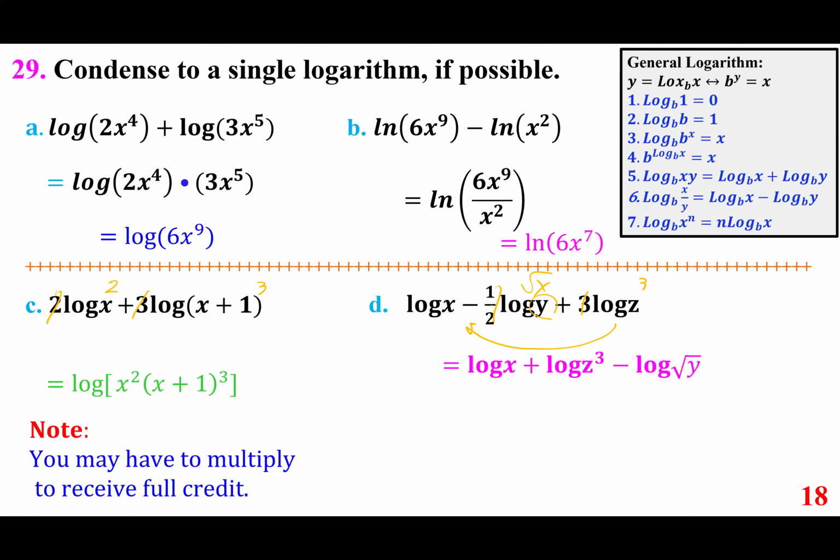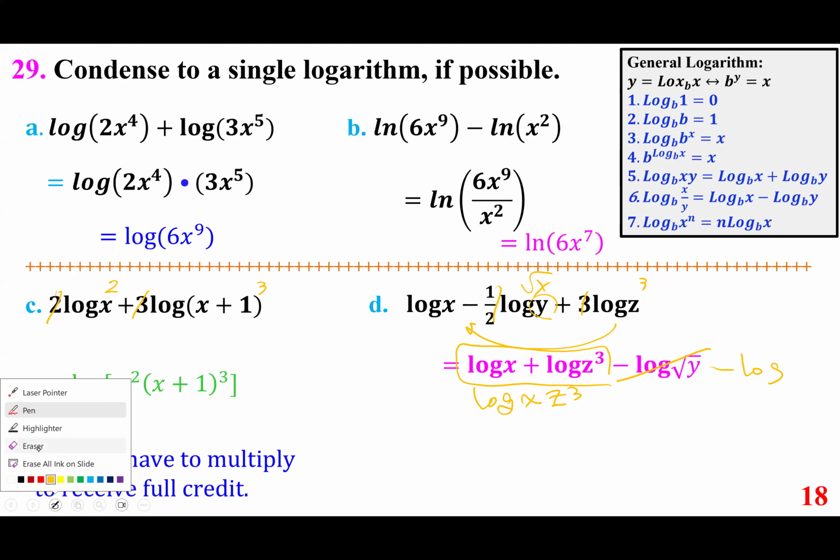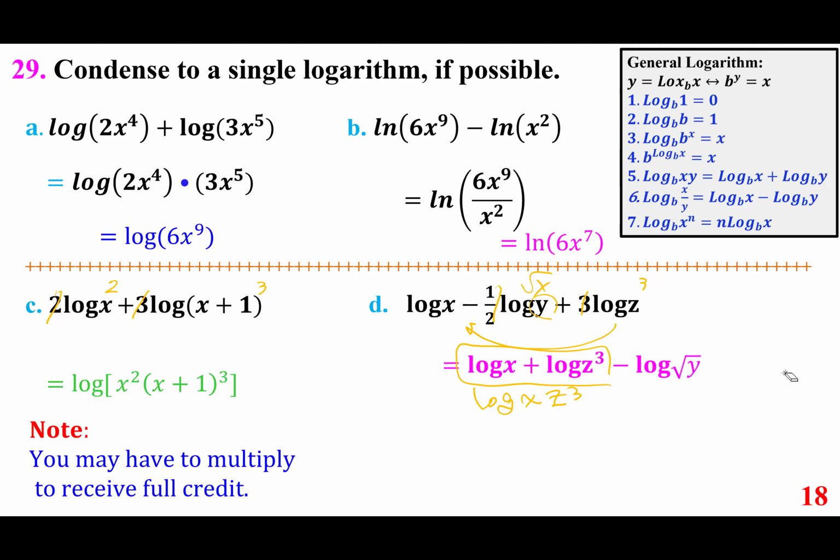And the idea is you can do it again in one shot, but I want to make sure you understand that these two mean log of x z cubed minus log of square root of y.